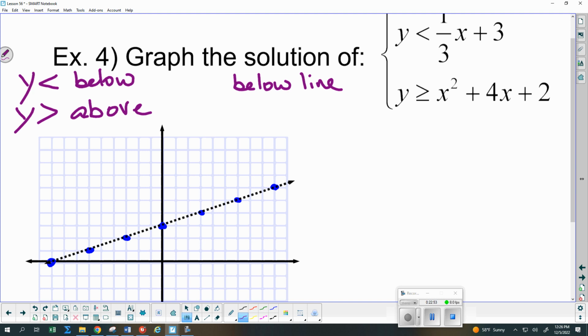Now, what shape is the second one? It's a parabola, but it's not in vertex form for graphing. So I need to complete the square and get it in vertex form so I can draw the graph. I don't have to do all of the steps that I do when the problem just says graph the parabola, but I've got to do enough to get my graph accurate enough. So I'm going to start thinking of it as y equals, and then I'll change it back to greater than or equal.